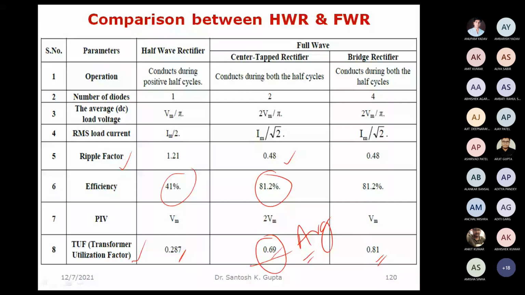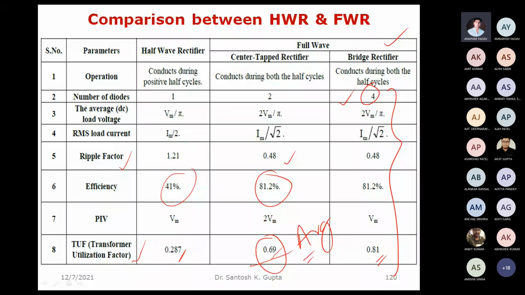Looking at these values, the bridge rectifier happens to be a better choice out of these different rectifiers. Of course, the bridge rectifier uses 4 diodes as compared to the half wave or center tap, so that is the disadvantage one can count.